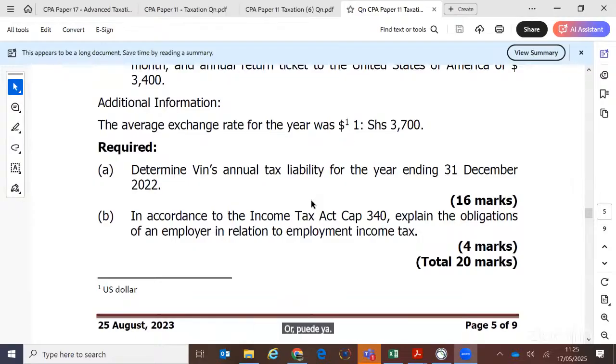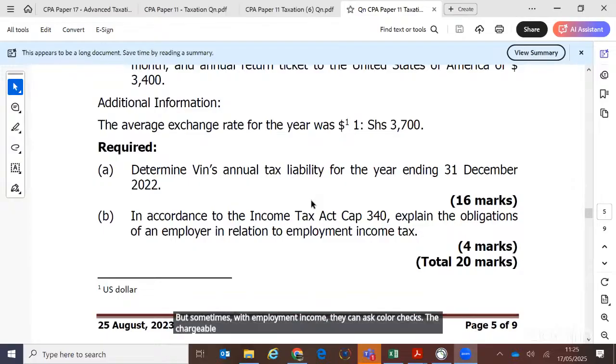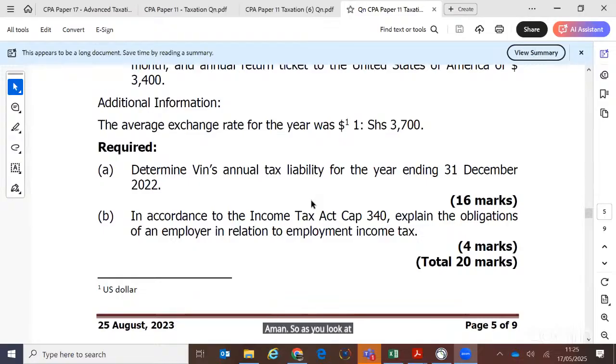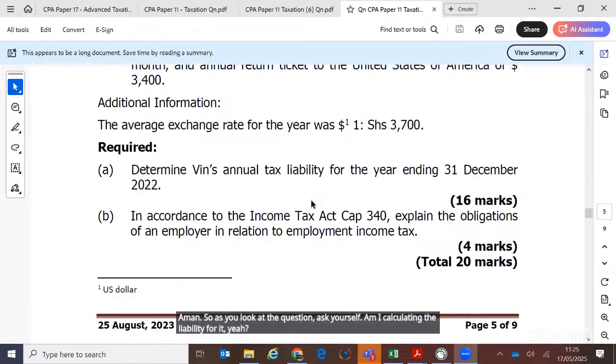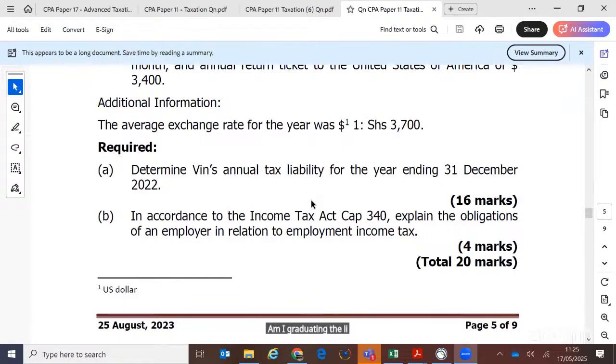Most of the time, they actually want you to calculate the chargeable income and tax liability for a year. That means 12 months. But sometimes, with employment income, they can ask you to calculate the chargeable income and tax liability for a month. So as you look at the question, ask yourself, am I calculating the liability for a year? Am I calculating the liability for a month?